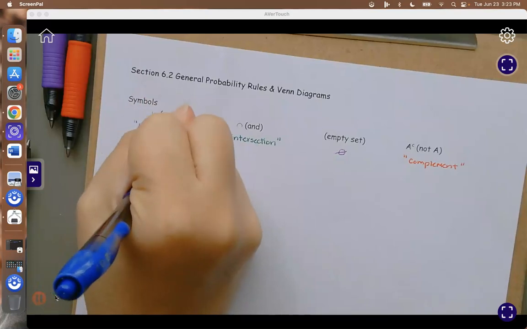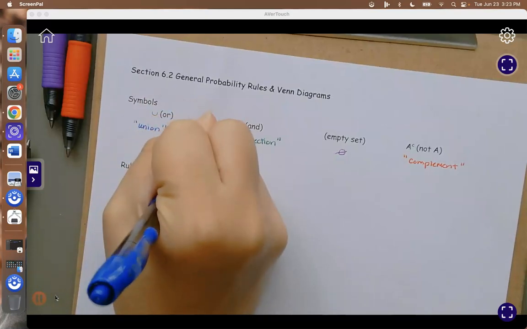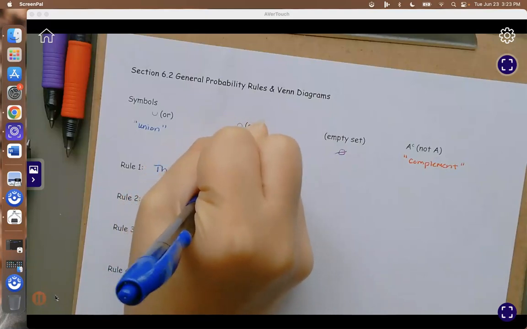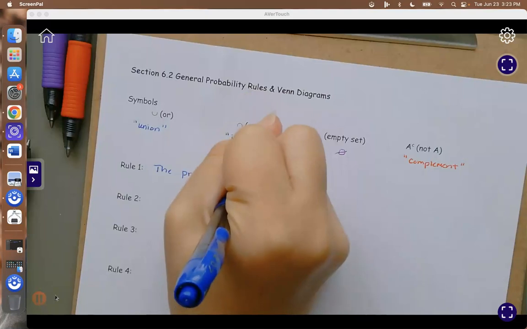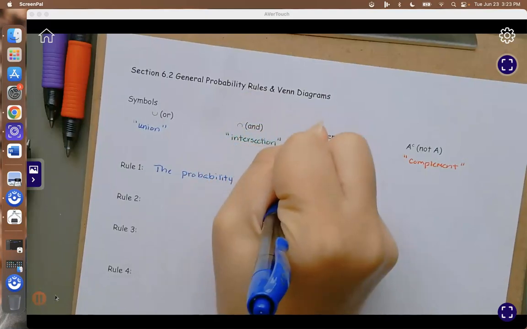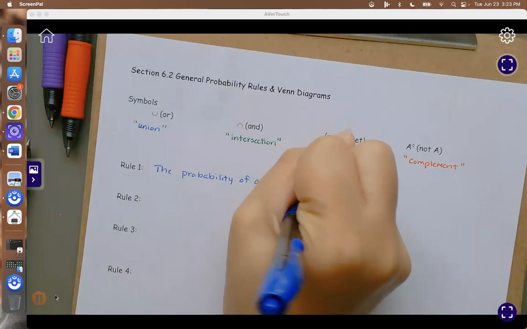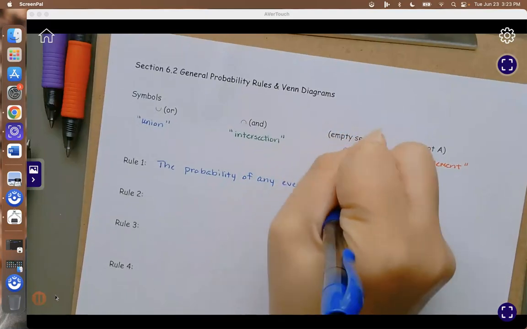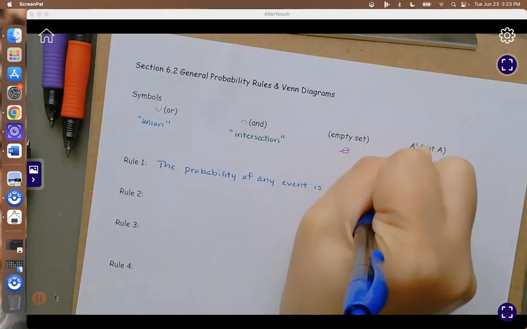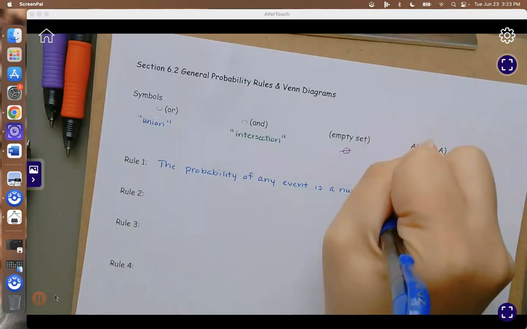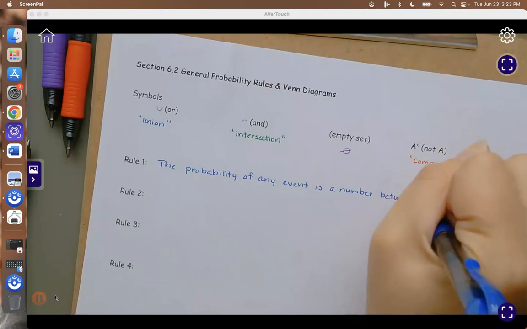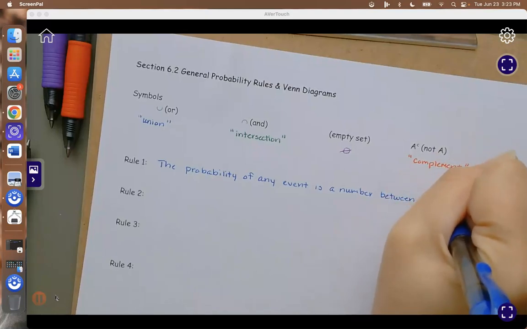So the probability of any event is a number between 0 and 1.